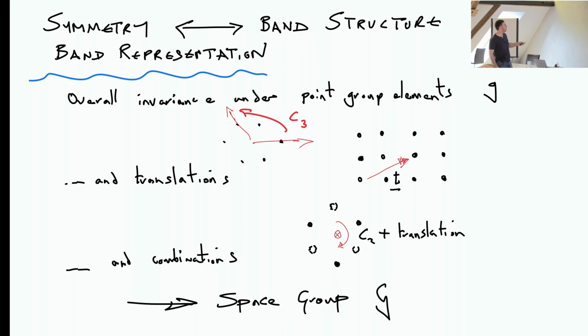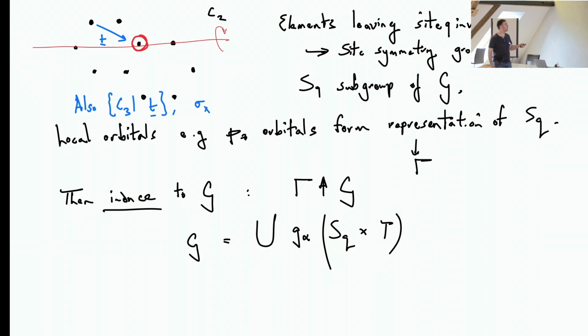what we're going to be involved with here is just the basic symmetry elements of the lattice. So these can be point group operations like C3 rotations, translations from one lattice point to another, and combinations of these, all together forming a space group, which can be enlarged further with time reversal to form a larger group. Sorry, yes? Are you considering metallic insulators? You're considering conducting systems right now?